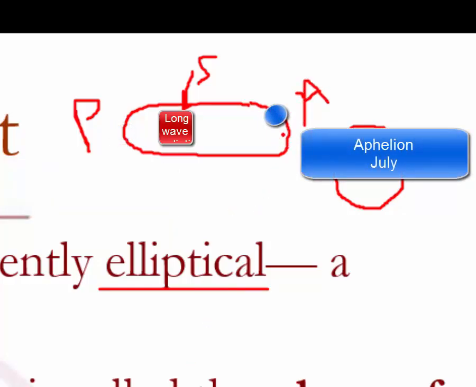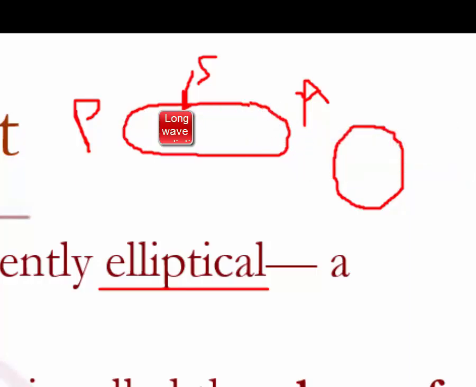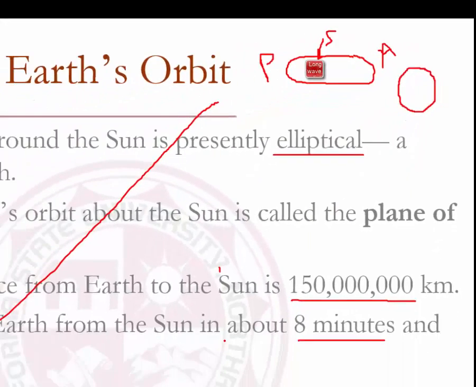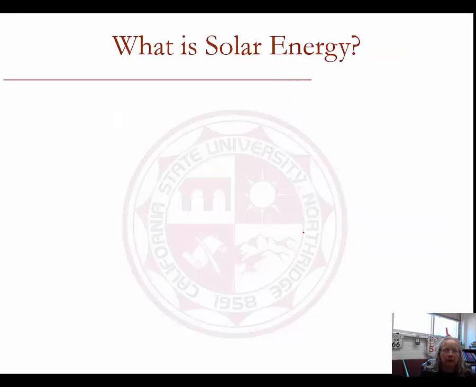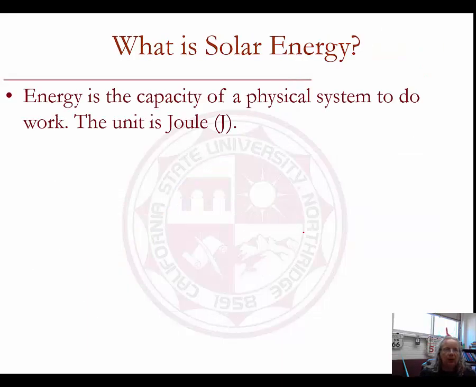So we're further away in July as we go around the sun. Now there are some videos online, and I've posted them on YouTube, that you can watch on this that do a much better job of explaining it, but it seemed absurd to put a video inside a video, so I'll let you do that.